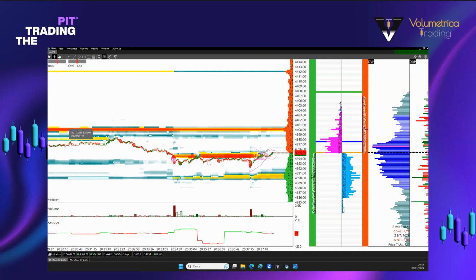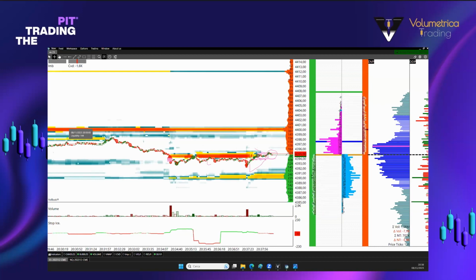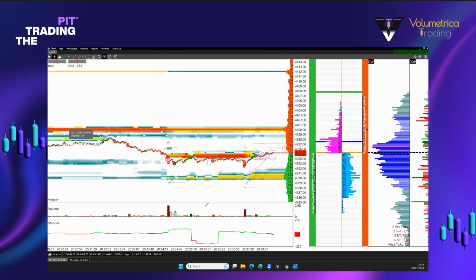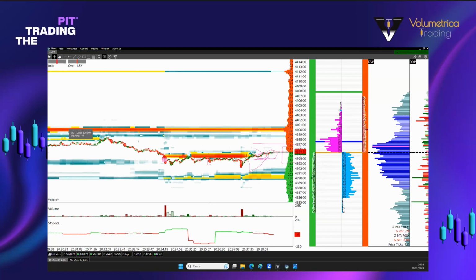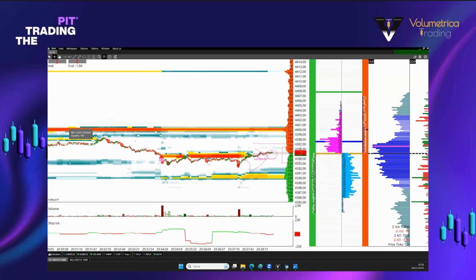And then at the moment, here in this area where there used to be a massive number of passive orders, we don't have anything left. So that means that looking for a short is still a good idea? Well, I wouldn't say exactly so.